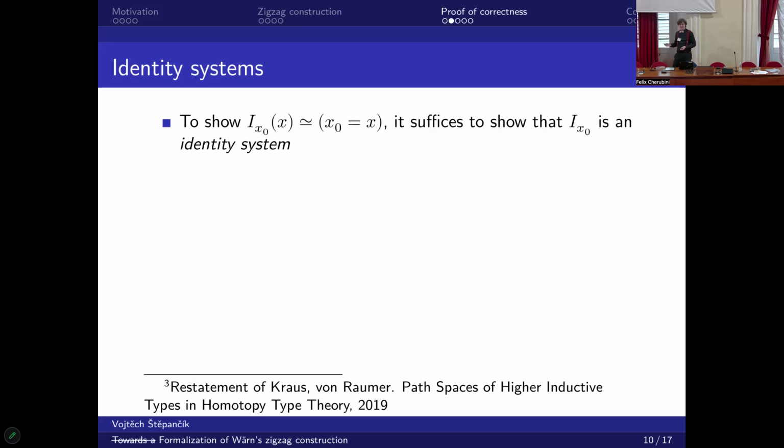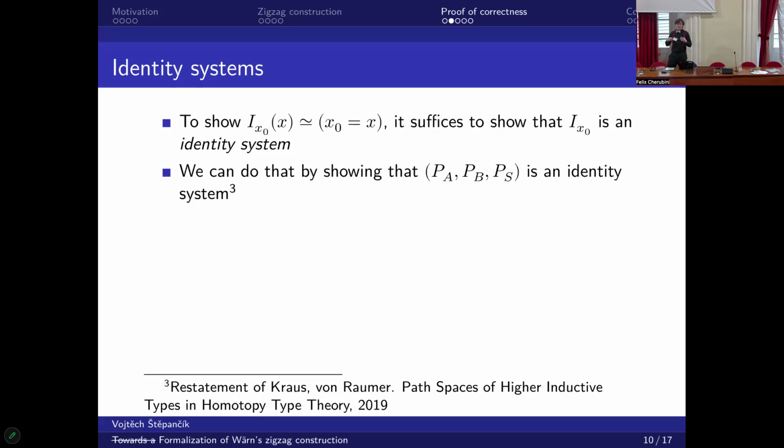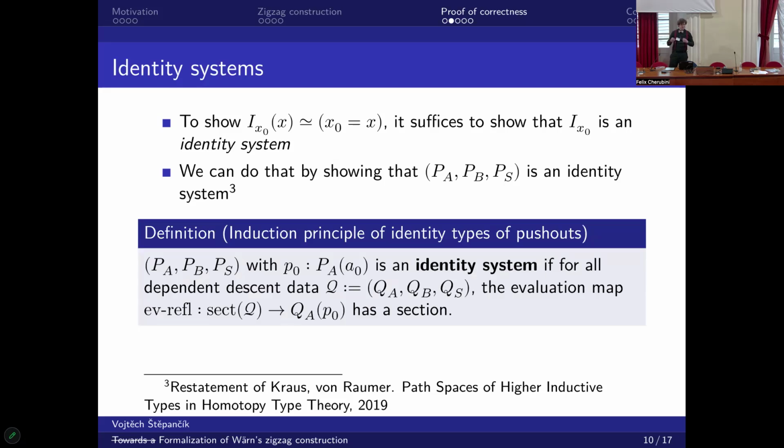And I formalized that, which means that it suffices to show that the defining descent data is an identity system for a particular definition of identity systems of descent data. And that's pretty much a one-line restatement of the universal property of pushouts given by Kraus and von Raumer in their paper. And I just want to include this definition because I thought it's very slick.